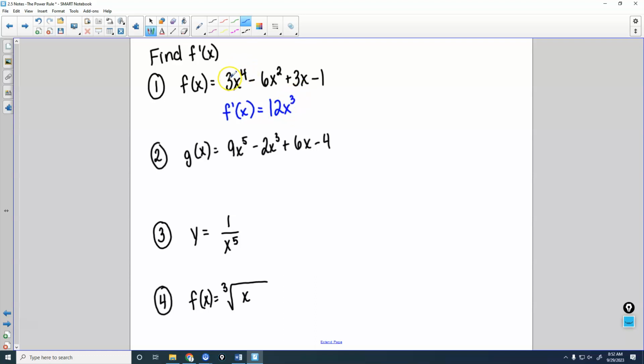Just multiply, 4 times 3 is 12. Subtract 1 from your exponent, you get x to the 3rd. We'll get minus 12x to the 1st power, but we don't have to write that 1, plus 3, and then the derivative of that negative 1 is just 0. So 12x to the 3rd minus 12x plus 3 would be our derivative.